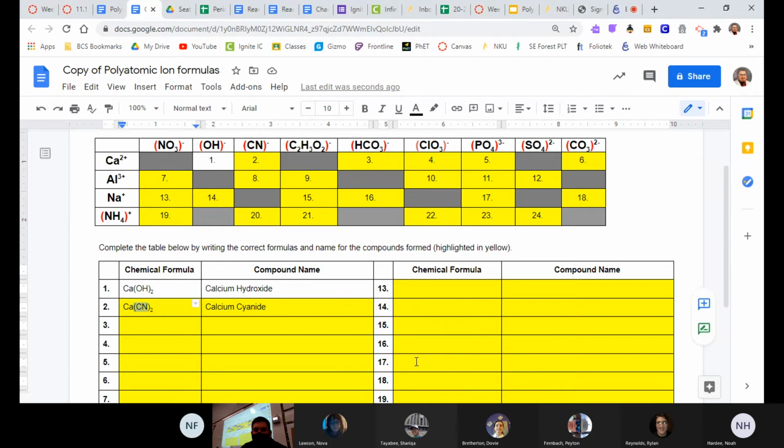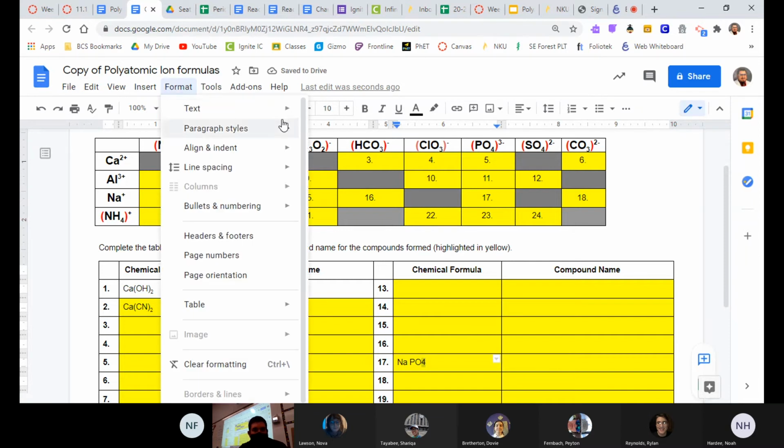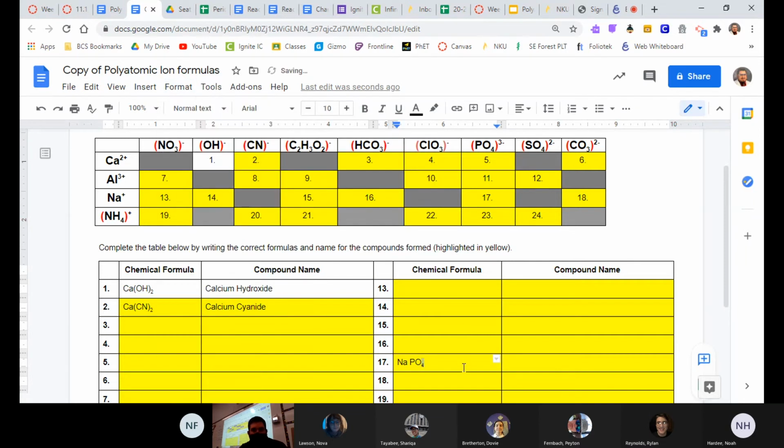All right, so let's do 17 real quick. What are we bonding together on 17? We're going to bond together Na and phosphate, PO4 3-. I'm going to put subscripts here for that.